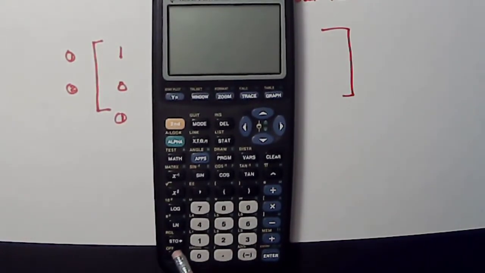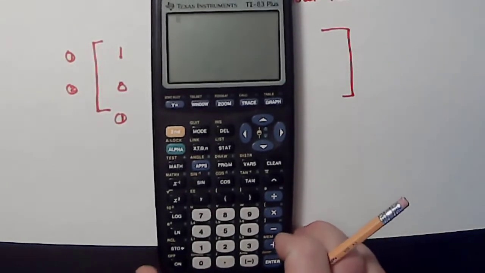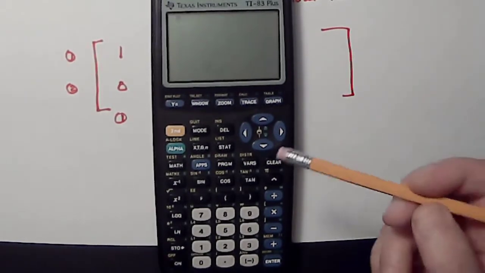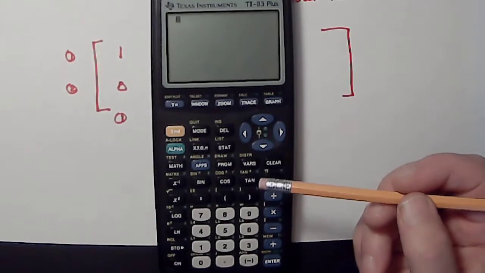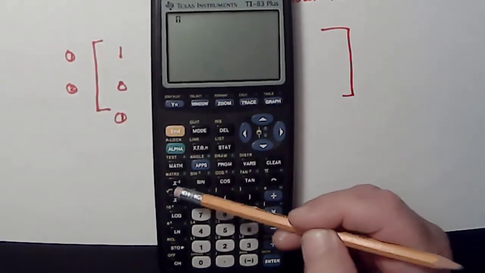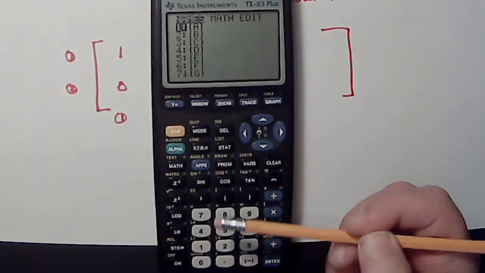Okay, first I turn on my TI-83. Your TI-84, TI-89 may have buttons in different places, but the process is exactly the same. So the first thing I have to do, I press the second key, and this calculator has matrix functions on that second key.